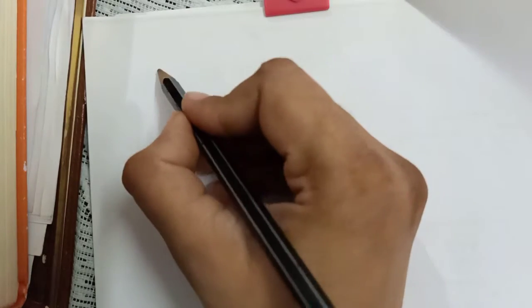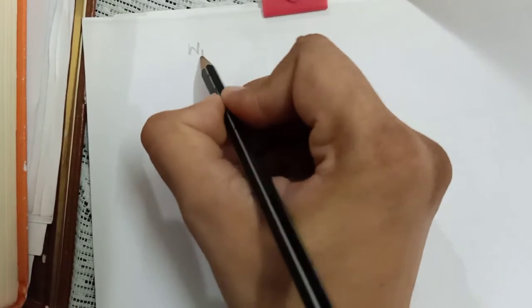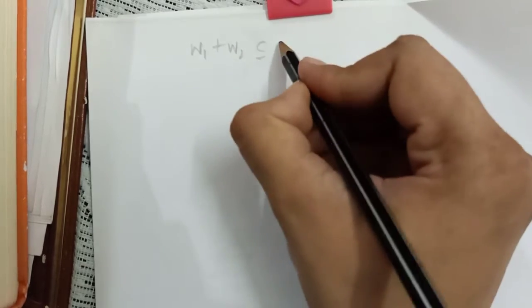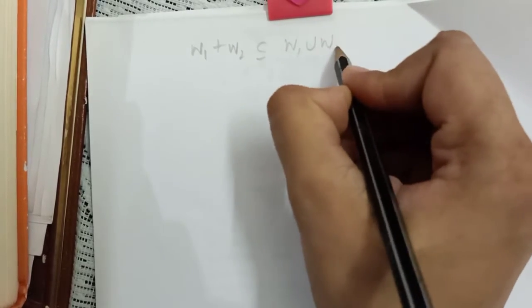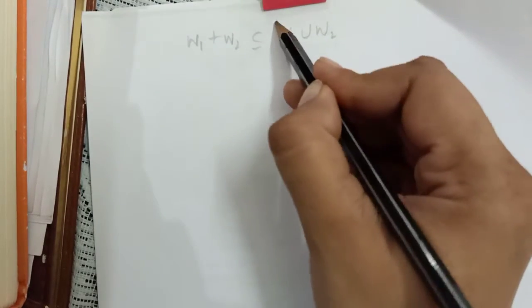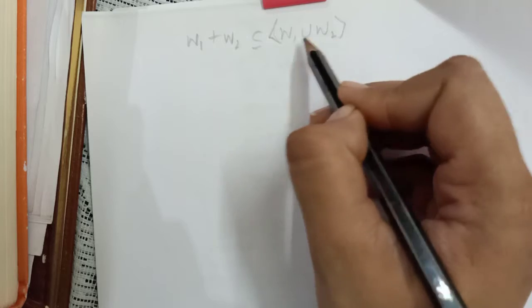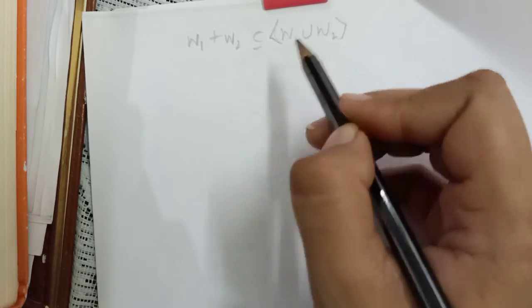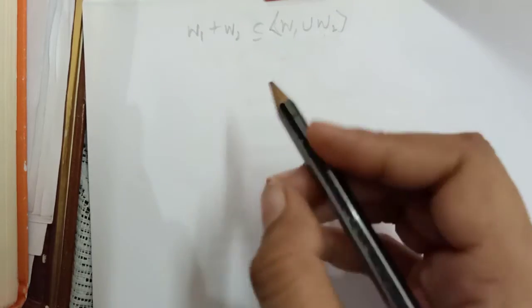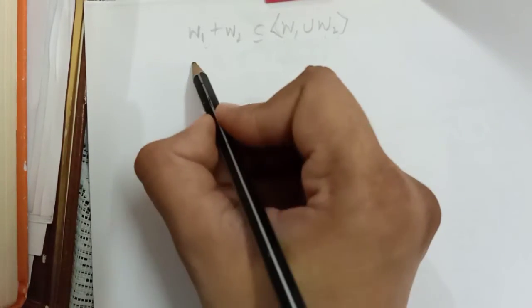Next, for the second part, we are trying to prove that W1 plus W2 is also contained in the span of W1 union W2. You can write it like this or you can denote it by this. This is the same thing. This is the subspace generated by W1 union W2. For this subspace, sometimes we use this symbol. Alright. So to prove this, what do we need to prove?